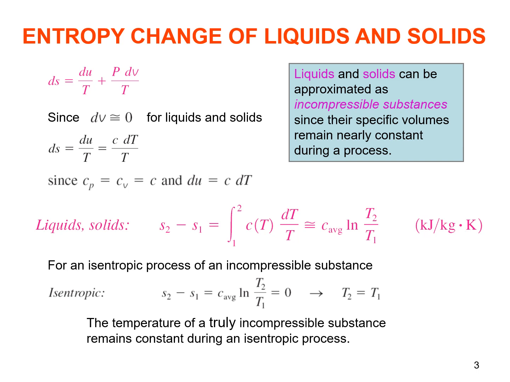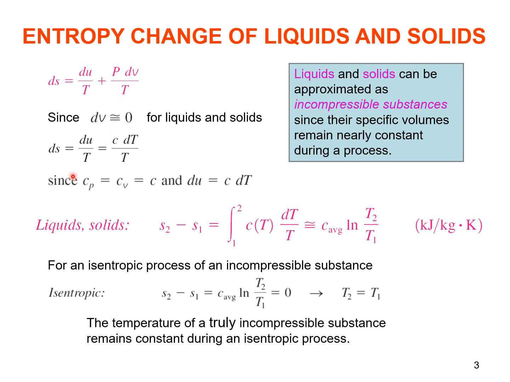So let's take a look at the entropy change of liquids and solids. Liquids and solids can be approximated as incompressible substances, since their specific volumes remain nearly constant during the process. If we take a look at the second relationship, if dV is 0, then this term goes away.